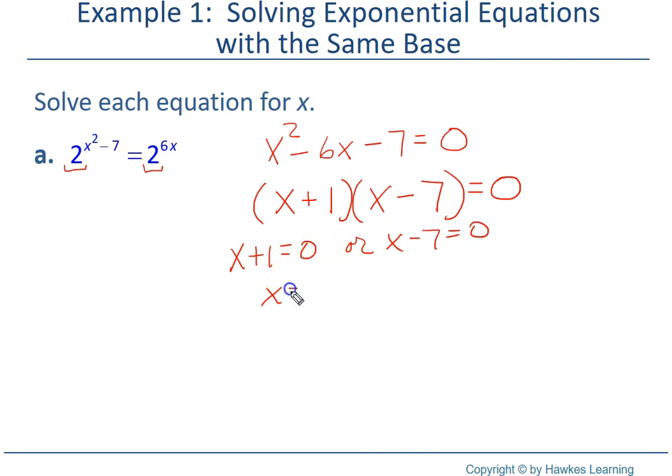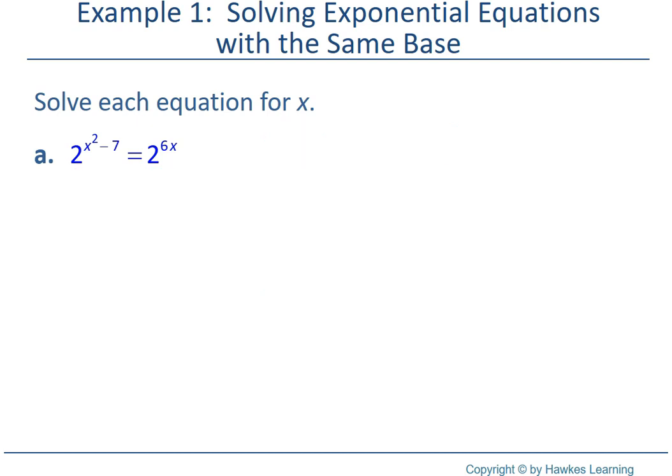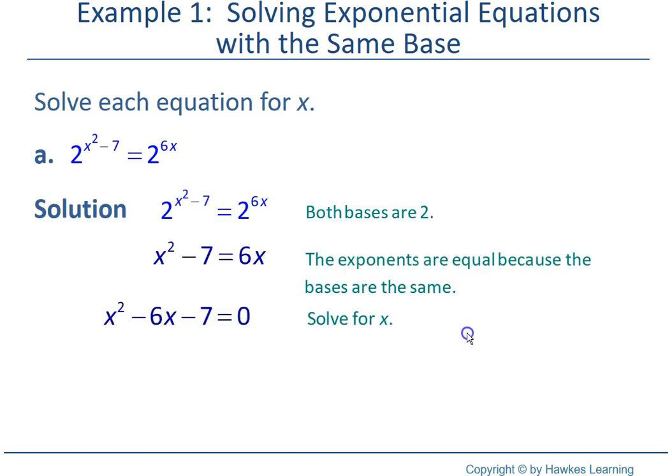So here we get x equals -1, or x equals 7. All right, so that one wasn't too bad. Let's take a look at what the book shows here. So they included this step, and then they transposed it, factored, and you get your answers.